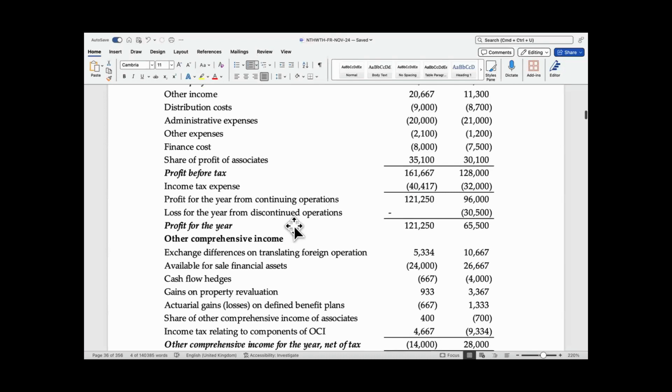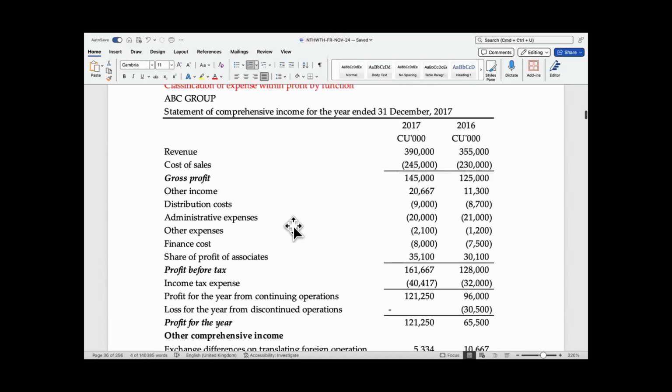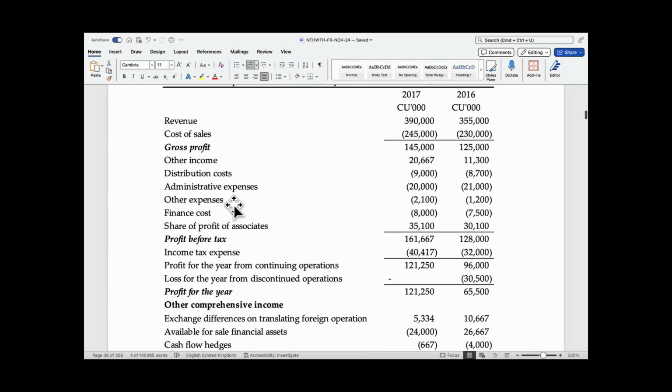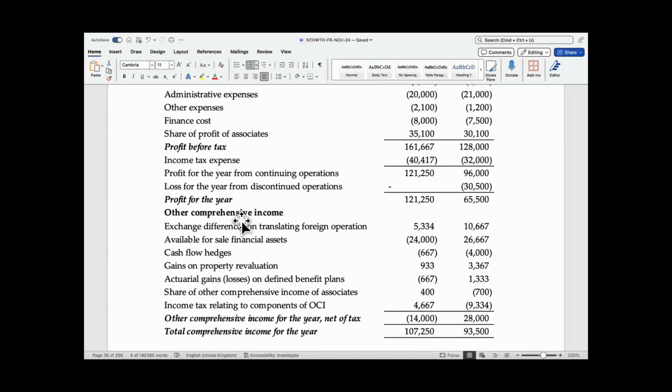Okay. So other comprehensive income now is different from your statement of profit or loss. And I've told you when I was teaching you conceptual framework that this other comprehensive income will comprise income and expenses arising from changes in the value of an asset.